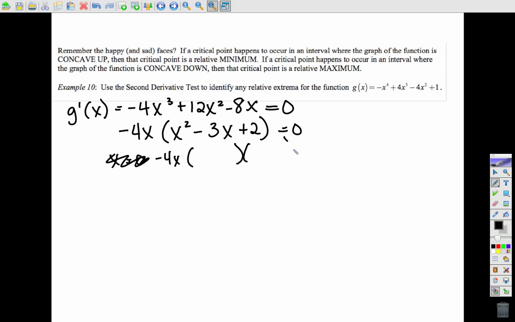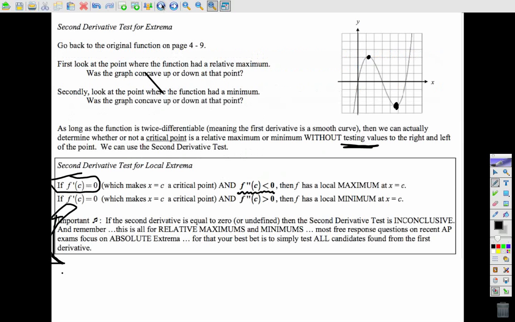Okay, so factor out negative 4x. I need to factor this. I get x minus 2 and x minus 1, and I believe they're both negative. So back to what I was trying to do a second ago. My zeros are x equals 0, x equals 2, and x equals 1. Okay, so those are the places that I am going to investigate.